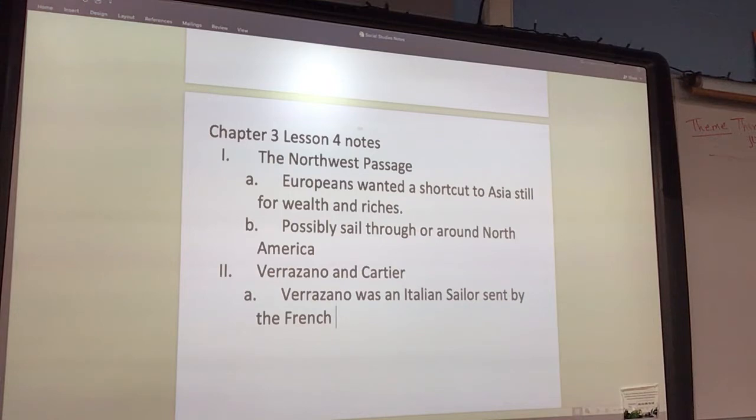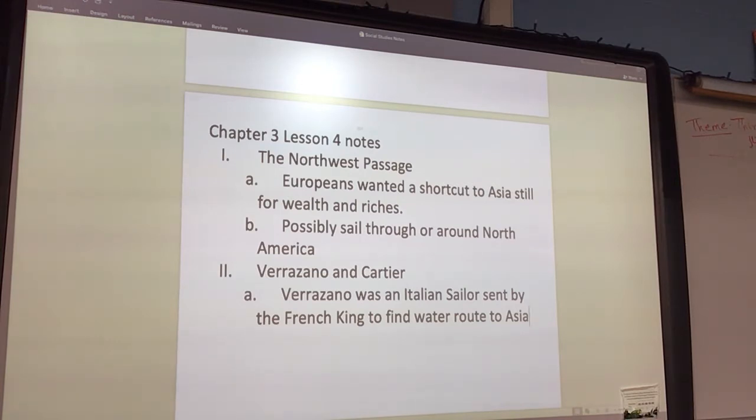How do you spell Italian? What was he looking for? A waterway through South America. Yeah, so he was trying to find this waterway, or water route to Asia. Okay, so he was looking for this Northwest Passage. That's what they were calling it, but they didn't even know if it existed, if it was something that was possible to find.